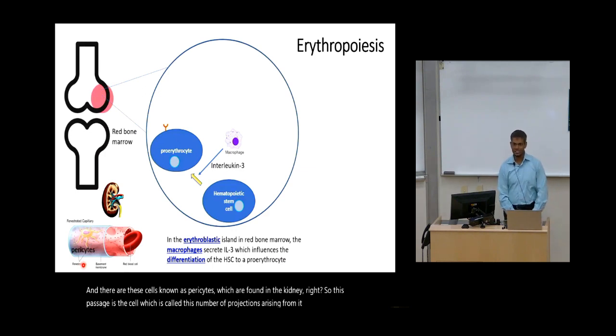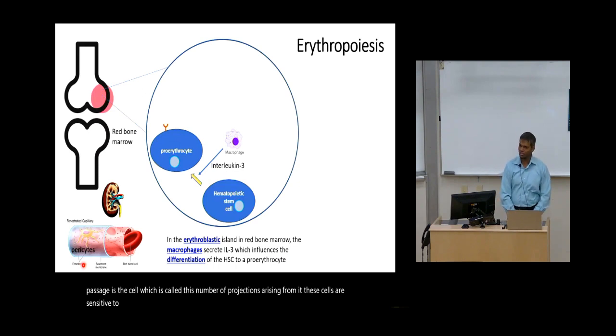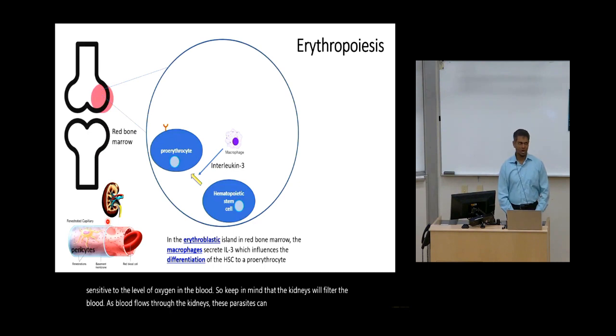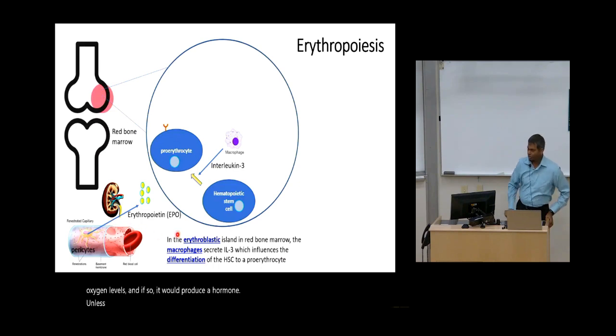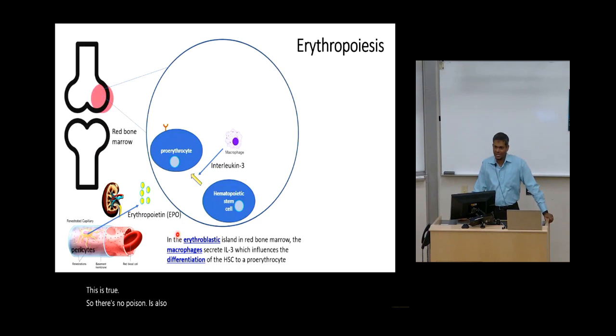These cells are sensitive to the level of oxygen in the blood. Keep in mind that the kidneys will filter the blood, so as blood flows through the kidneys, these pericytes can detect if there is a drop in oxygen levels, and if so, they will produce a hormone known as erythropoietin. Erythropoietin is also abbreviated as EPO.